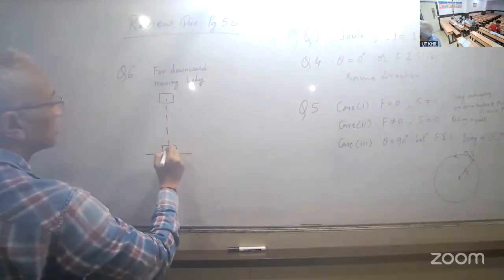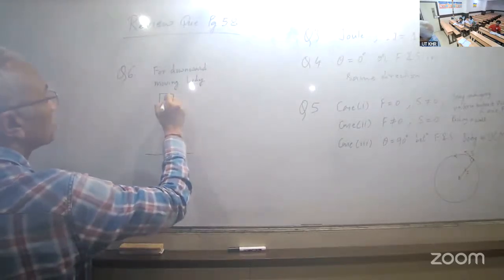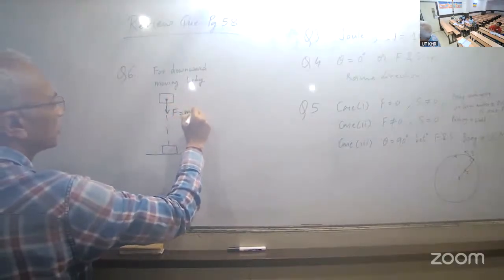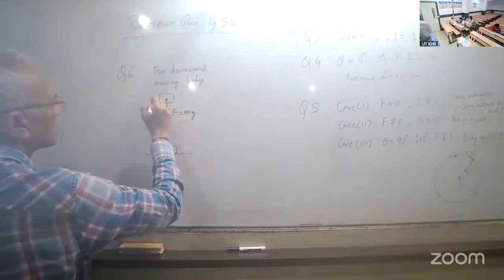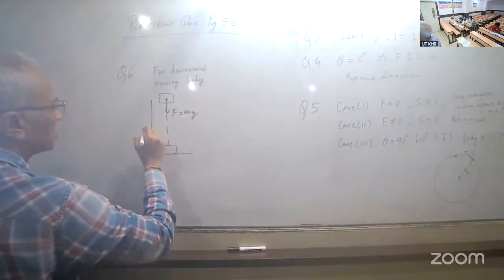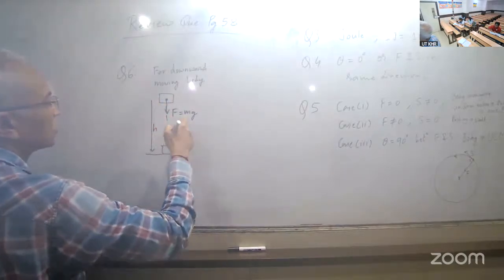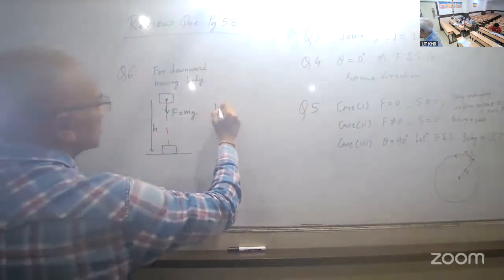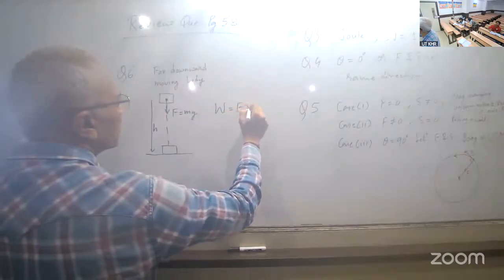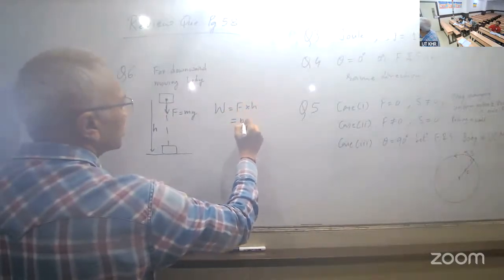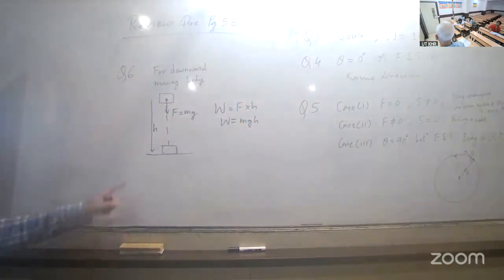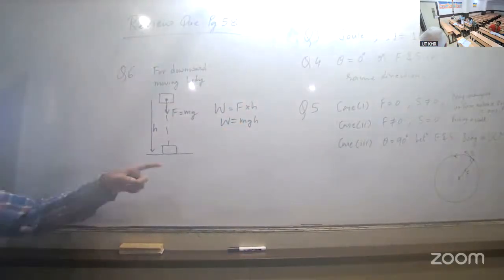What is the force, its weight? mg, and it comes from here to here, h. So force is mg, displacement is h. What is the work done? F into h, which is mgh for downward motion. Likewise, for upward motion, it will be minus mgh.